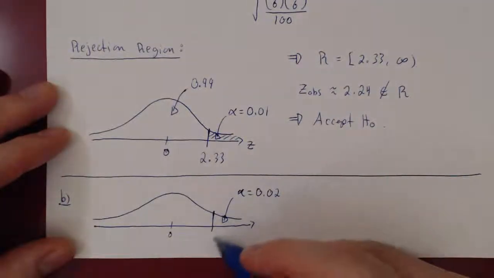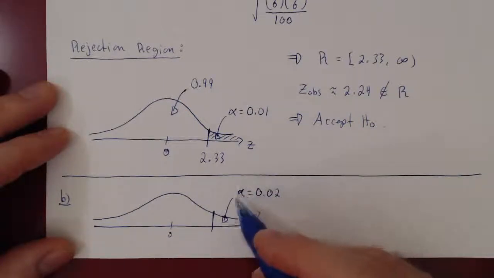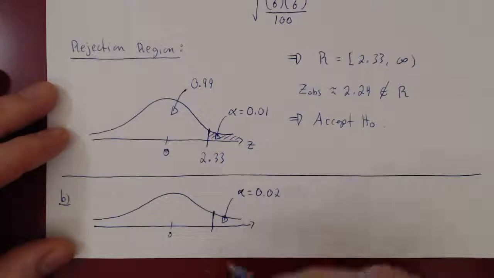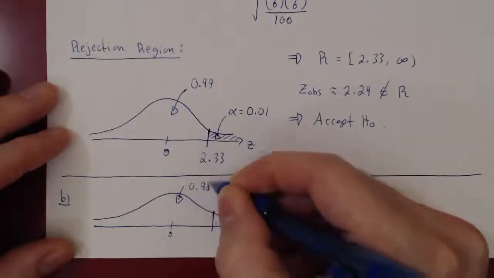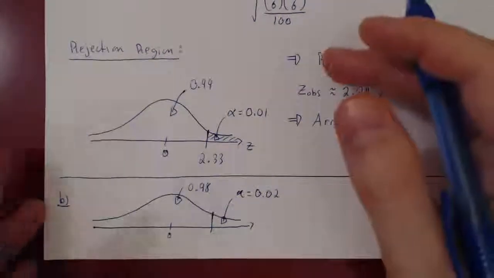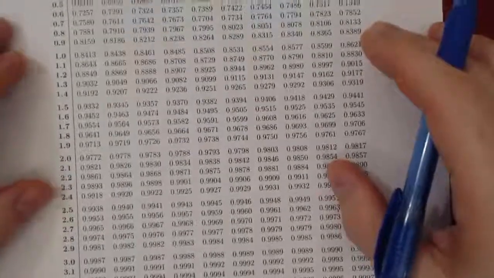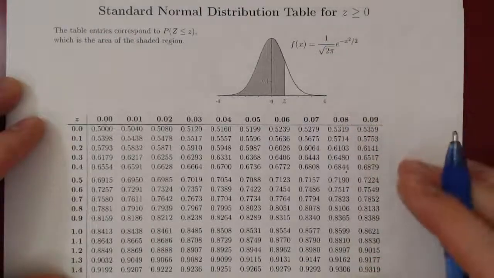And we must find the corresponding z-score. If the area to the right of our z-score is 2%, to the left will be 0.98. So let's now find the corresponding z-score from our table of the standard normal distribution. So we're looking for a probability to the left being the closest we can find to 0.98.